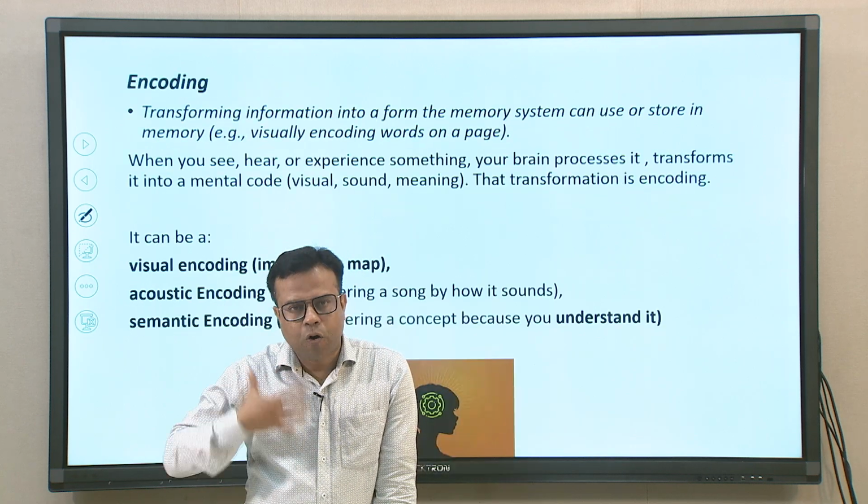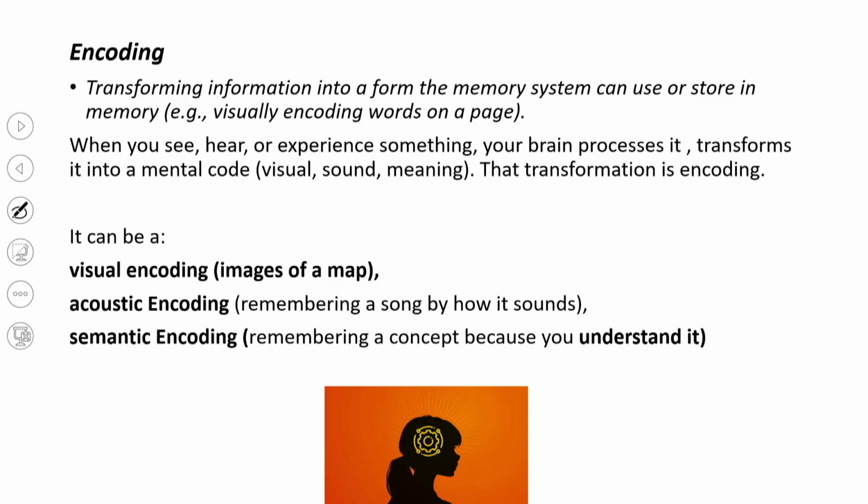When we talk about encoding, it means you first transform whatever you see in the world through the sense organs into a code that can be stored in the brain. That is encoding: transforming information into a form the memory system can use or store.